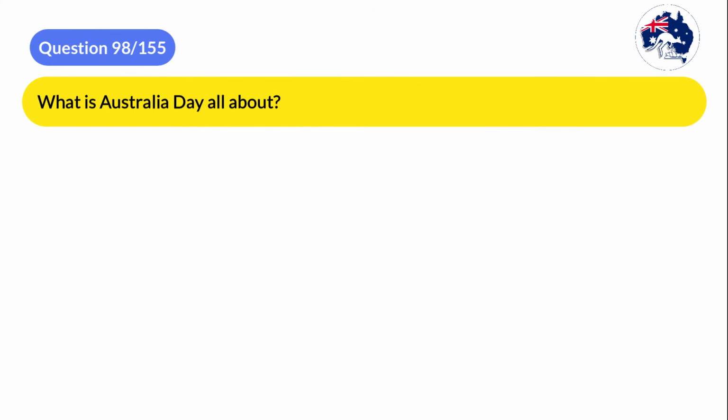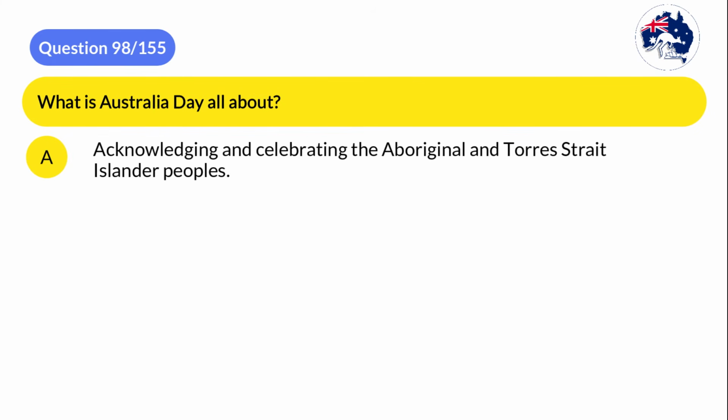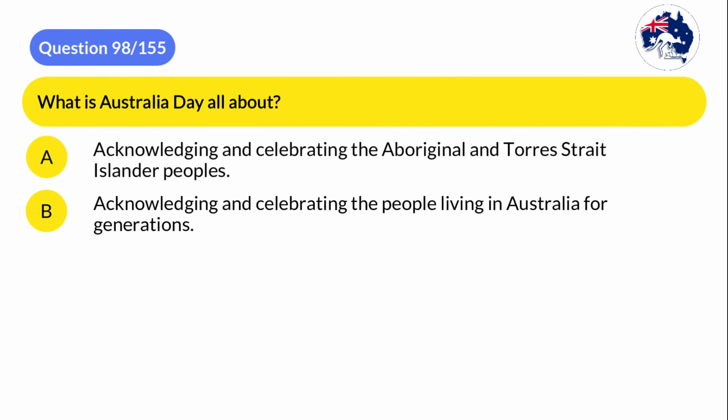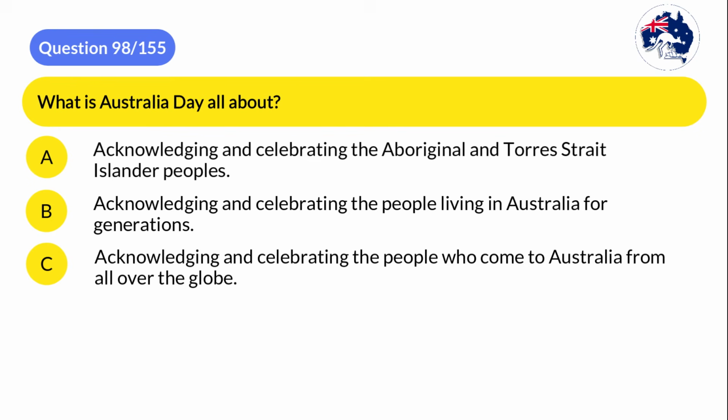Question 98. What is Australia Day all about? A. Acknowledging and celebrating the Aboriginal and Torres Strait Islander peoples. B. Acknowledging and celebrating the people living in Australia for generations. C. Acknowledging and celebrating the people who come to Australia from all over the globe. D. All of the above.